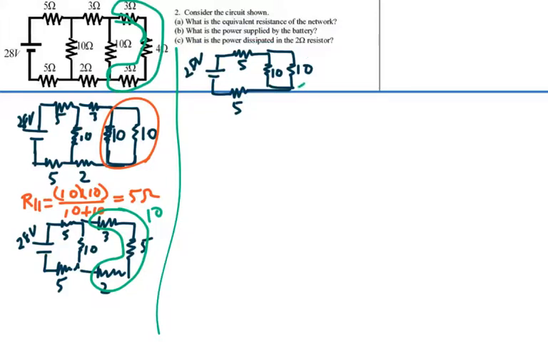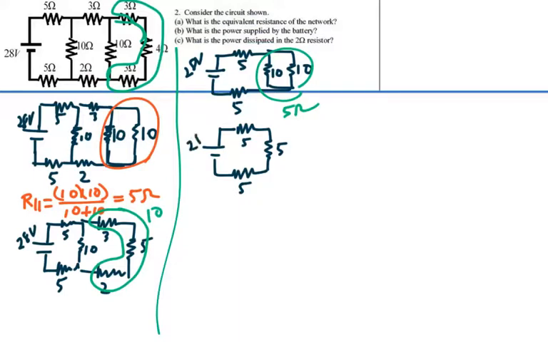This 10 is in parallel here with the other 10. We've already determined that that should be 5 ohms from a parallel combination. So our circuit now looks like this: 5, 5, 5, 28 volt battery.